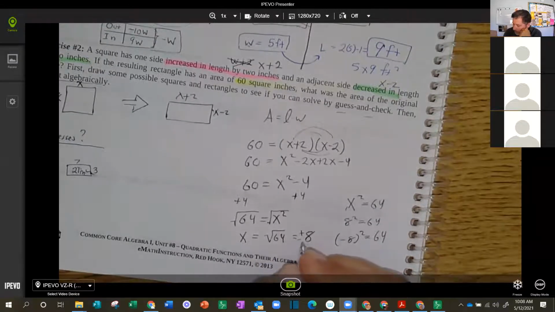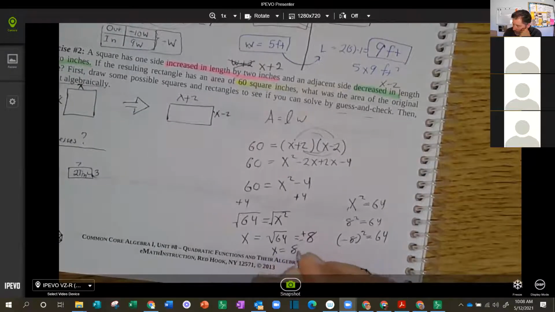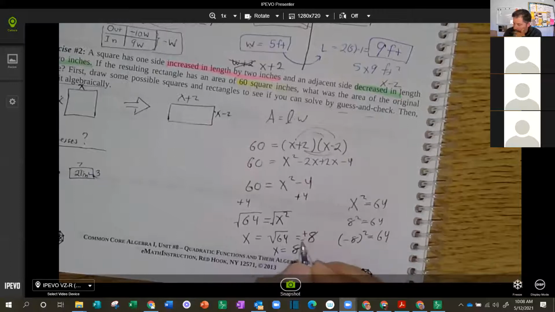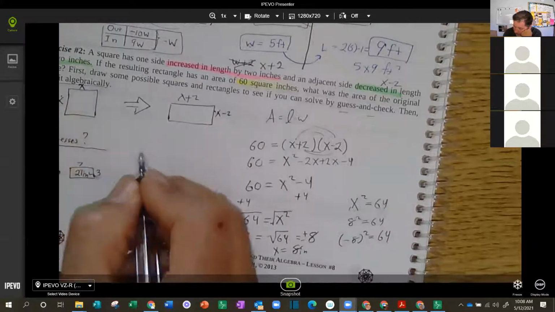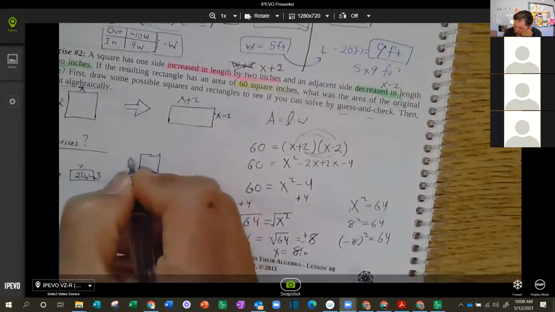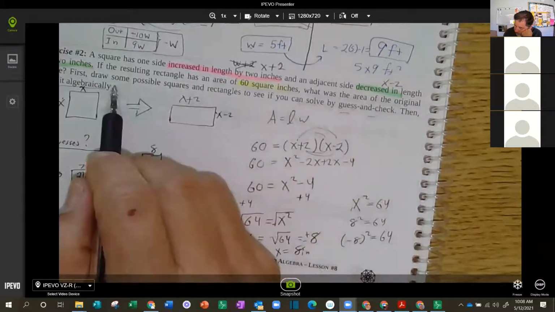But we can get rid of one of those, right? We know it has to be 8 inches because that minus sign doesn't make sense for distances. So we know the original square was an 8 by 8 square. And it wants to know, first draw some square.